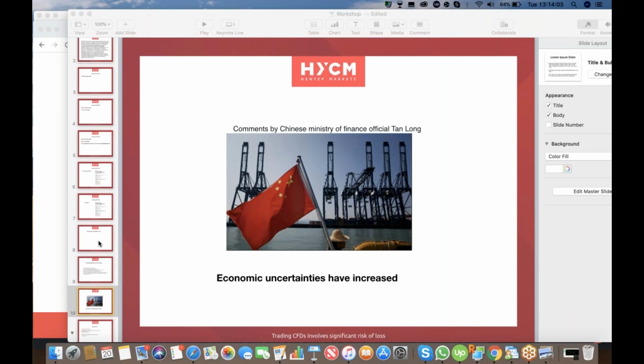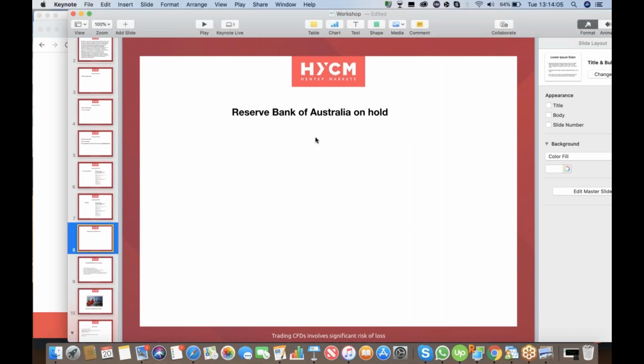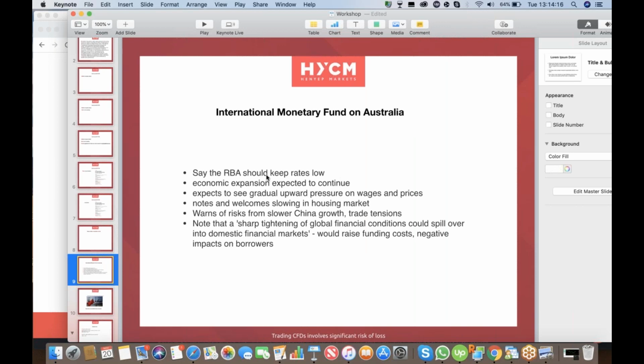So we've had the Reserve Bank of Australia, who's on hold. They haven't really changed anything. They haven't said anything exceptionally good or exceptionally bad. It was as the market expected. Then we had the IMF saying that there were some concerns about slower China growth and trade tensions, and concerns that the Australian consumer will be hit by a change in global financial conditions.